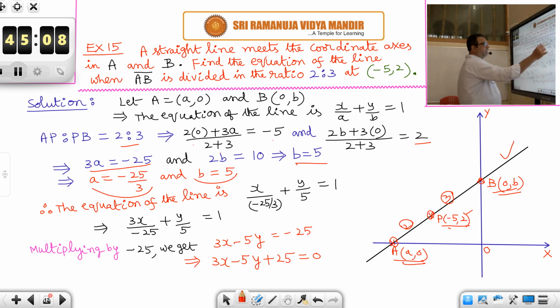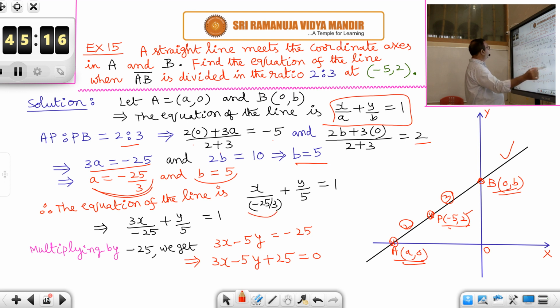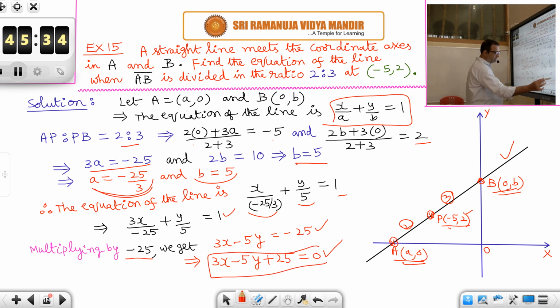It is just x by A plus y by B is equal to 1. So put these values there. X by A is minus 25 by 3 plus y by 5 is equal to 1. Then you can simplify. Multiply by minus 25. So 3x minus 5y is equal to minus 25. So 3x minus 5y plus 25 is equal to 0 is the required equation.